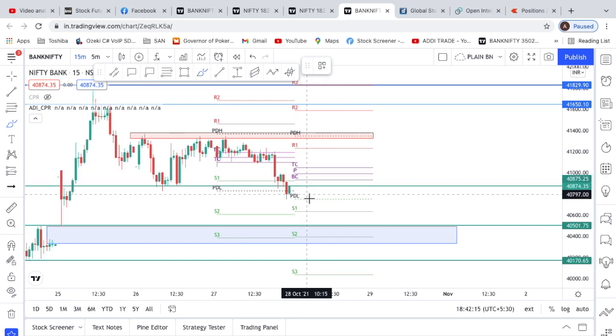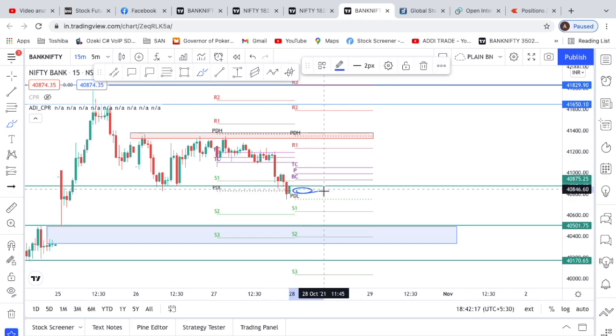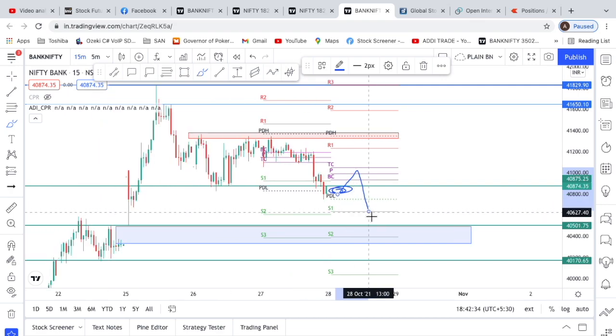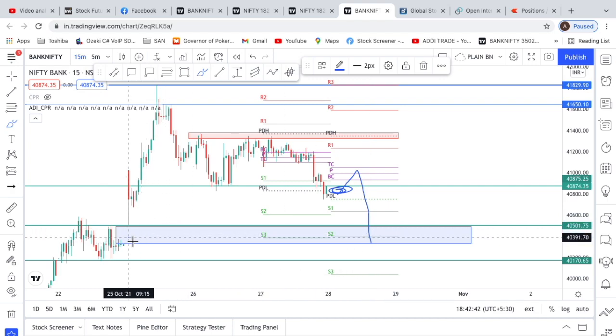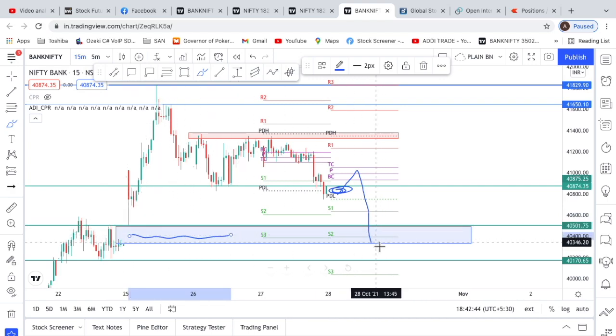If we open flat in this region, there's a possibility we'll go towards the CPR or the pivot, probably even until this TC line, and then get a quick move on the downside until the previous day low and S1 of CPR. And if S1 breaks, then we might even hit this level of 40,500 and probably even fill this gap. There is a little bit of gap left here, which could get filled tomorrow if we get a down move.